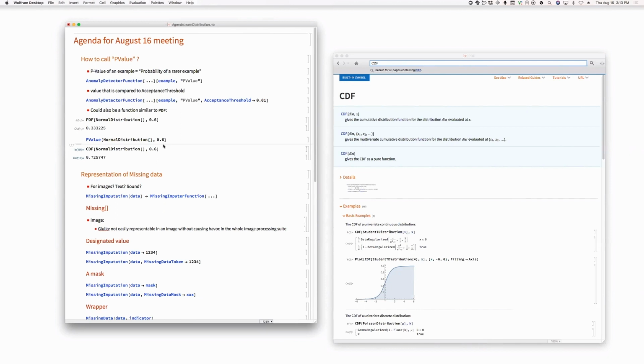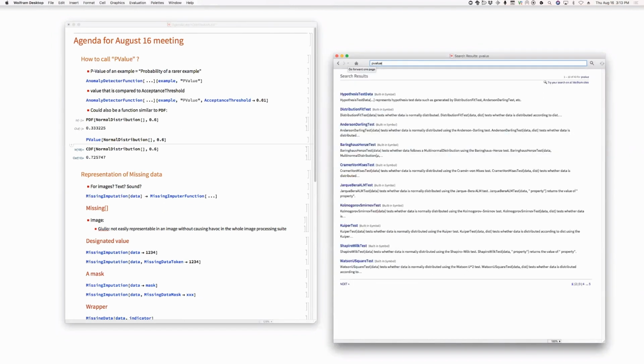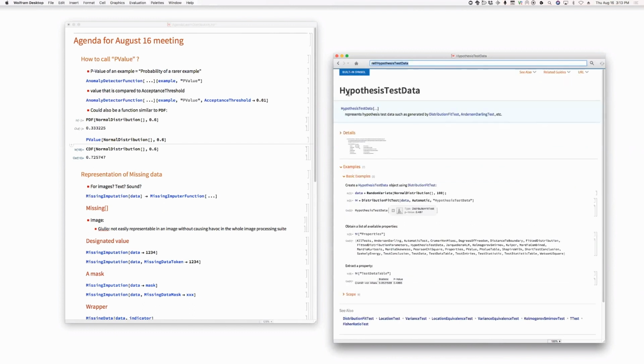I don't know if it's just us that called it p-value, because it seems like an extension of the p-value with unidimensional distribution. P-value is used in hypothesis testing, so that gives you the probability that your values are outside of the region. Yeah, I know what the definition is. I'm trying to find out how we compute it.